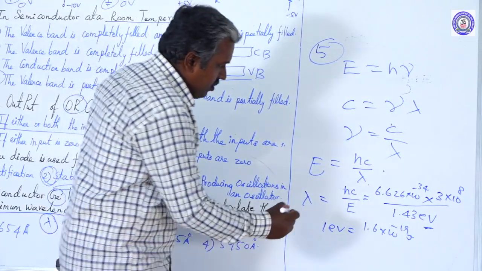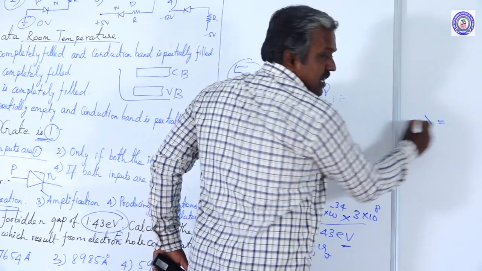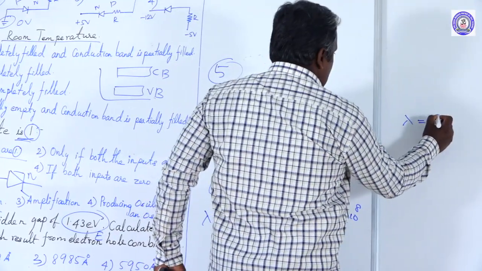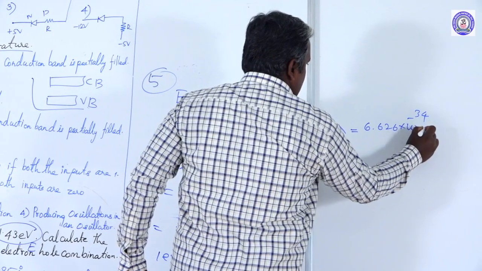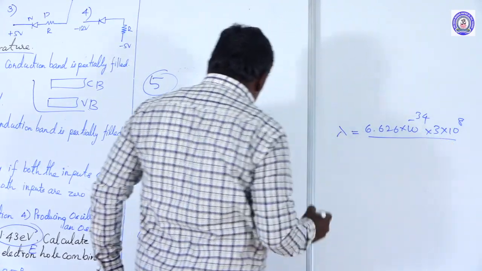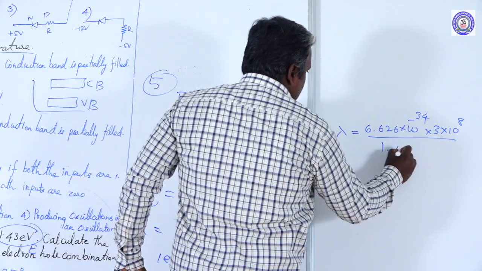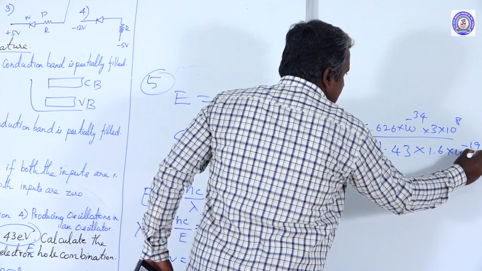Okay, therefore lambda is equal to 6.626 into 10 power minus 34 into 3 into 10 power 8 by 1.43 into 1.6 into 10 power minus 19 joules.